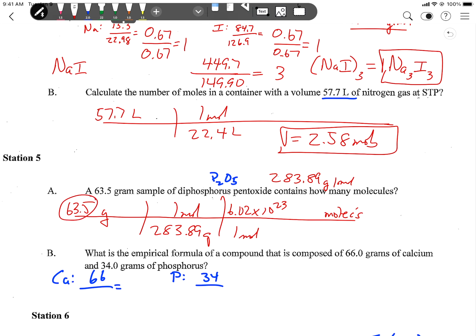Multiply the two top numbers together, divide by the bottom. So we get 63.5 times 6.02 E23. Get that number and divide by 283.89. We get 1.35 times 10 to the 23rd molecules.